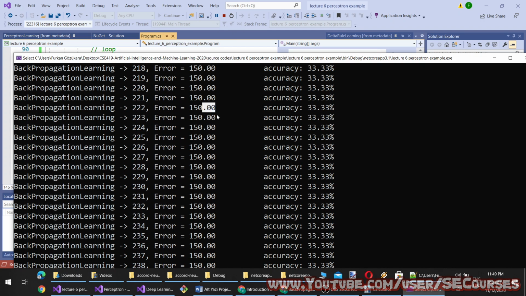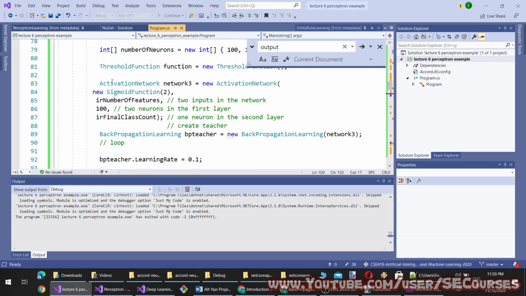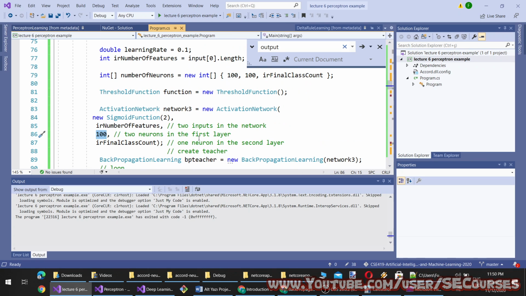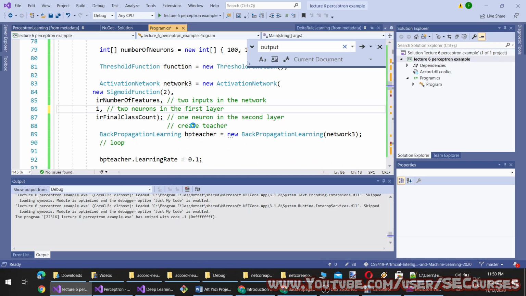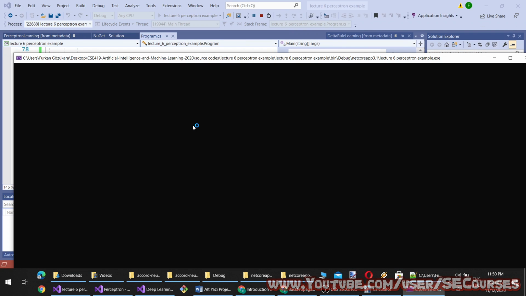Okay, here you see. So error rate never changes, accuracy never changes. When we have 100, let's make it 1. One layer.